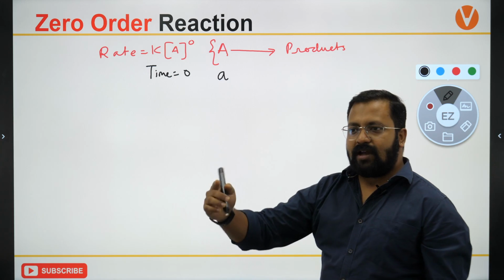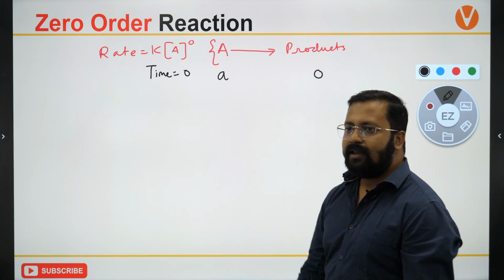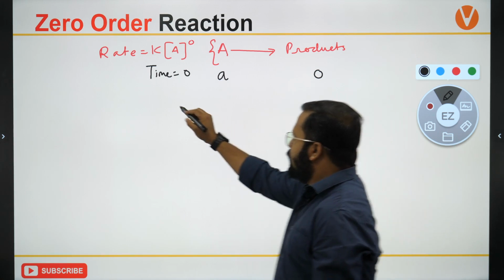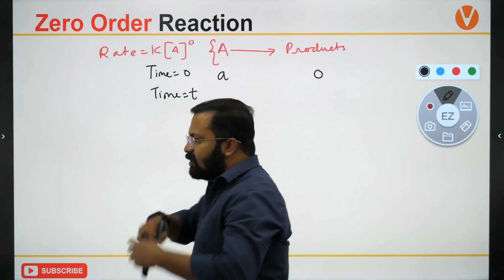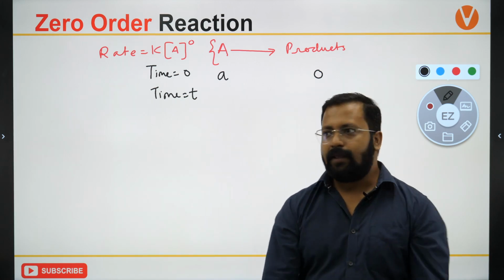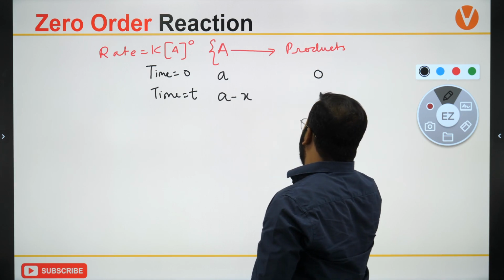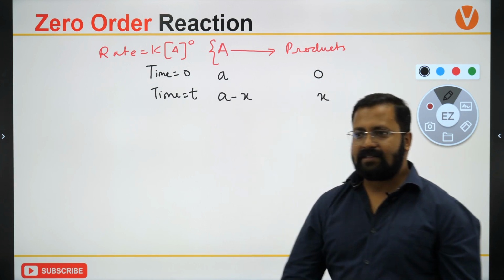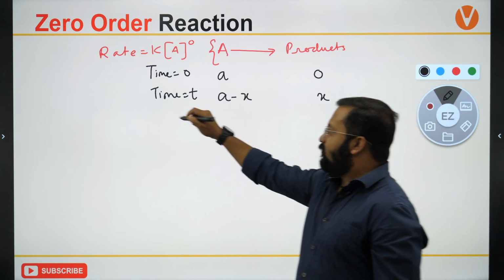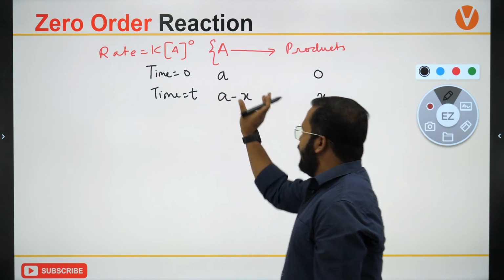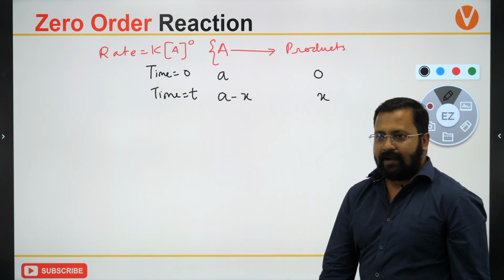When the reaction starts, do we have any products? No. When the reaction goes on for some time t, after some time t, A will dissociate to an extent x. So A will become a minus x and some amount of product will be obtained.